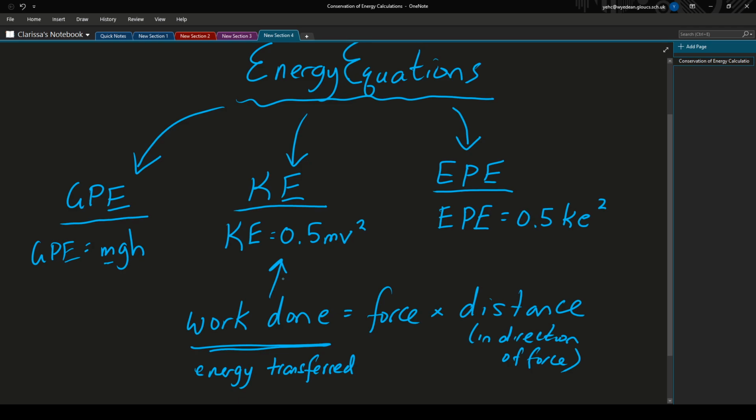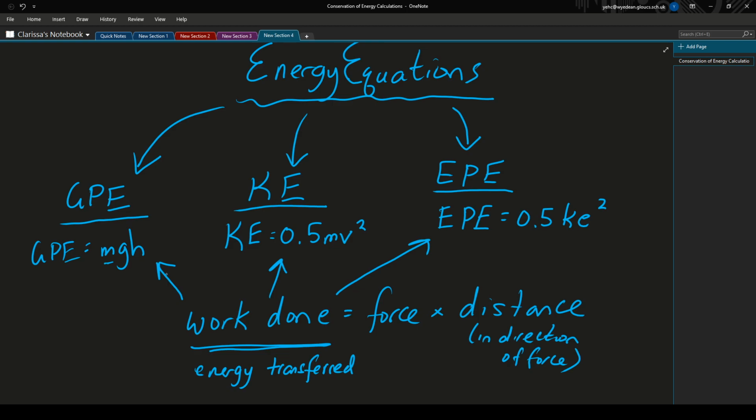Let's say we used a force to stretch a rubber band, an elastic band. Then our work done would be the same value as our elastic potential energy. Say we'd used a force to lift something up. Our work done would be the same as our gravitational potential energy. So work done is just the energy that is transferred by a force.